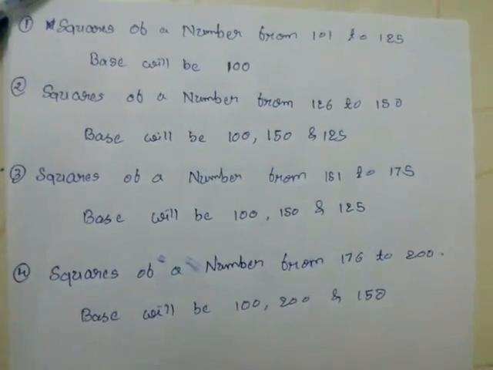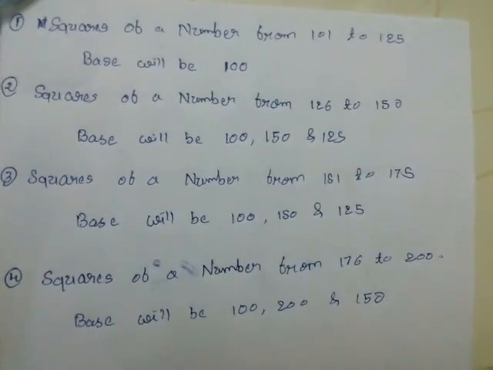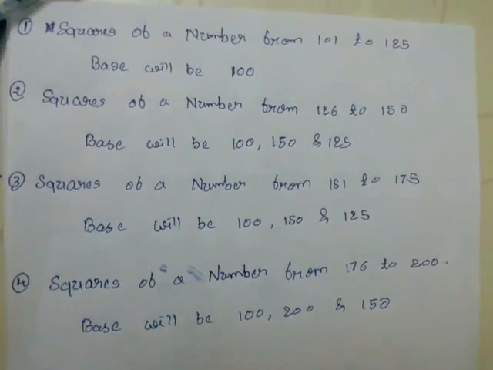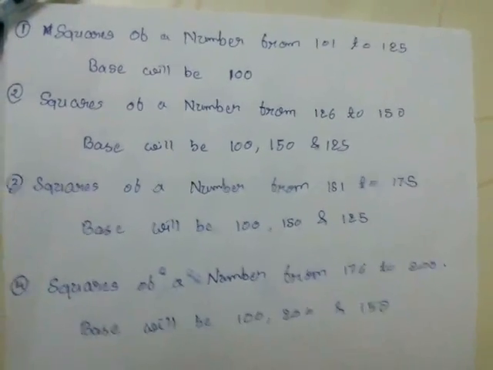So in the first category, it says the square of a number from 101 to 125. Here we will use the base as 100. We will later see how to use this base.